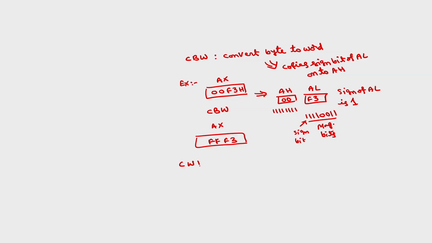Similarly, if you want to extend the sign bit of AX into DX:AX, we will use CWD, convert word to double word.